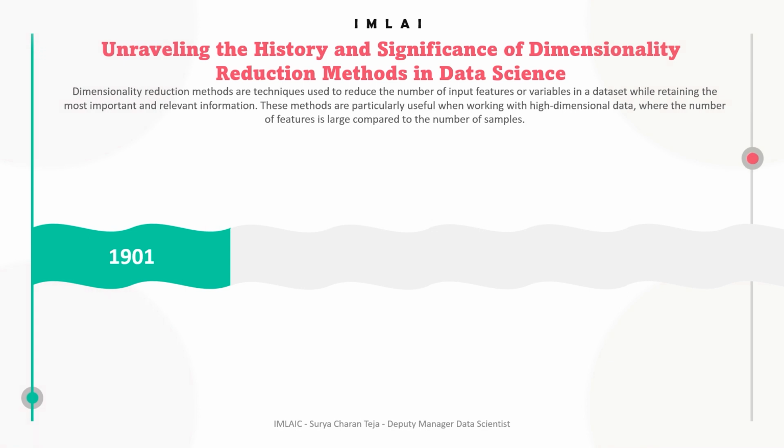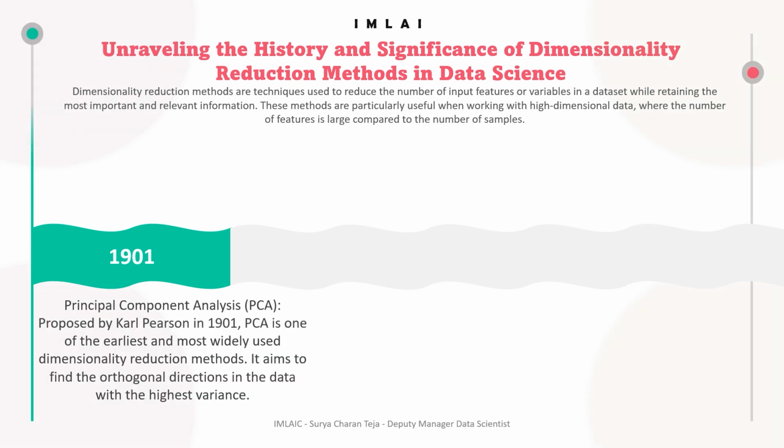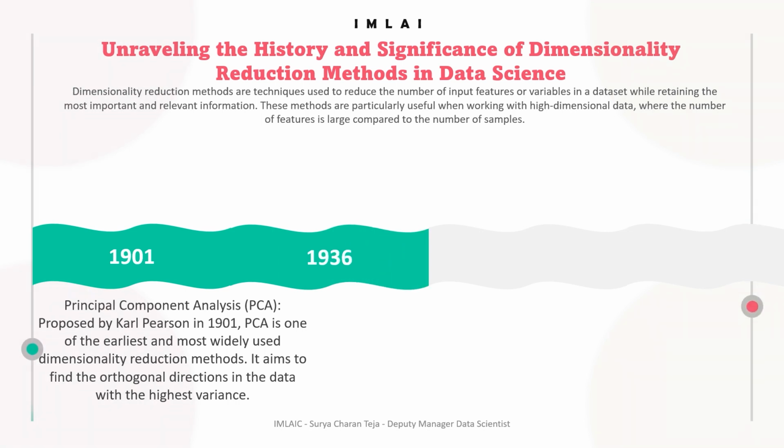PCA is one of the earliest and most widely used dimensionality reduction methods. It aims to find the orthogonal directions in the data with the highest variance, and that's what PCA is.